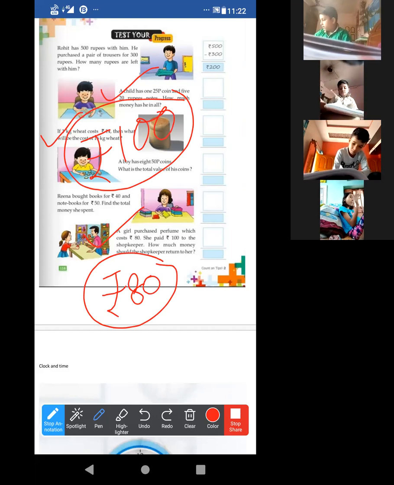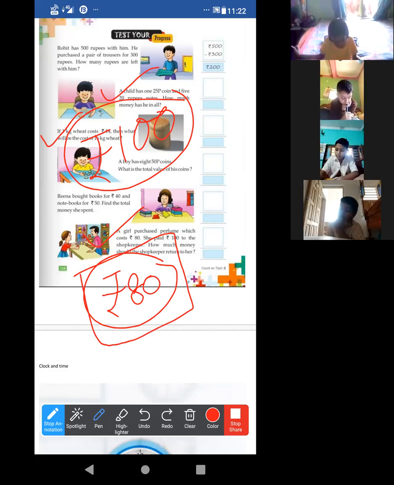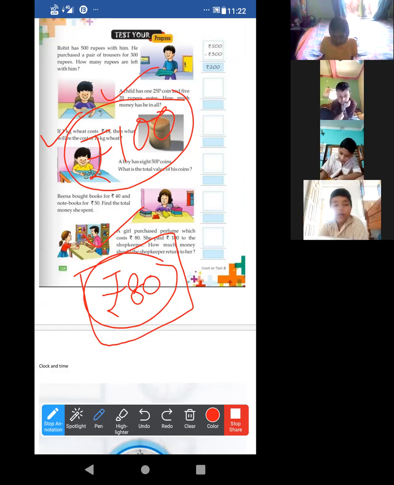No, na? Basically the cost is rupees 80. So definitely the shopkeeper will return some amount to the girl. Yes or no? Okay, so how much amount that girl will get as return amount?